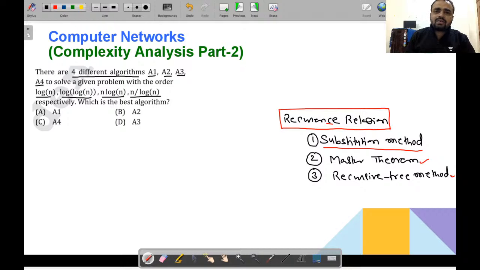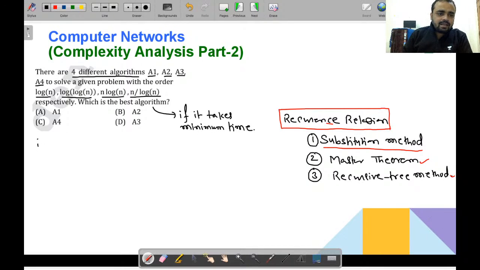Which is the best algorithm? We say an algorithm is best if it takes minimum time.